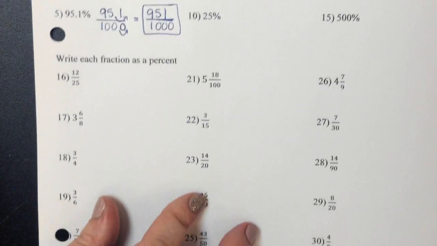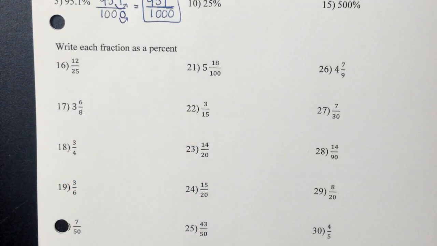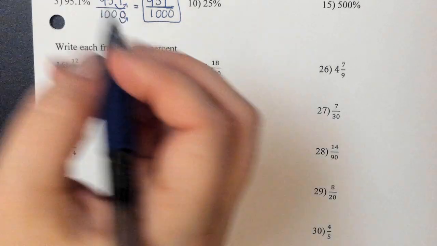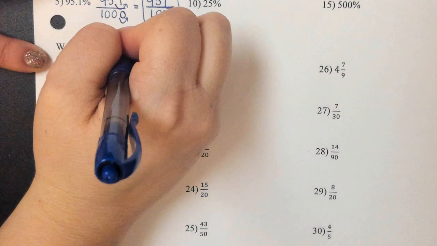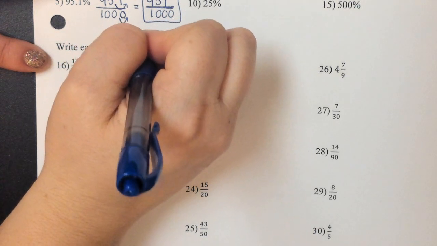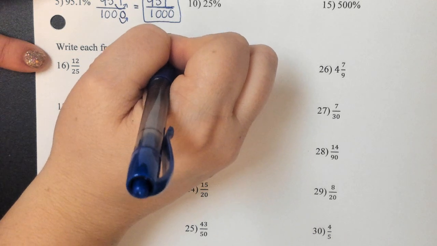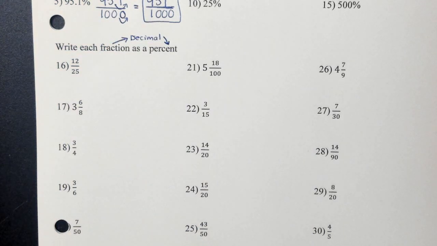So now let's look at how to make a fraction a percent. And guys, in fact, to make this easier, we're first going to make our fraction a decimal. And then I'm going to make it a percent. Yesterday we talked about how to make fractions decimals, correct?